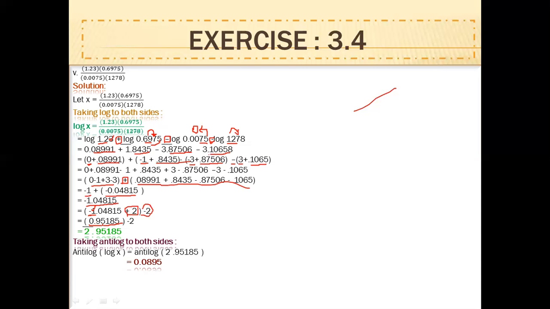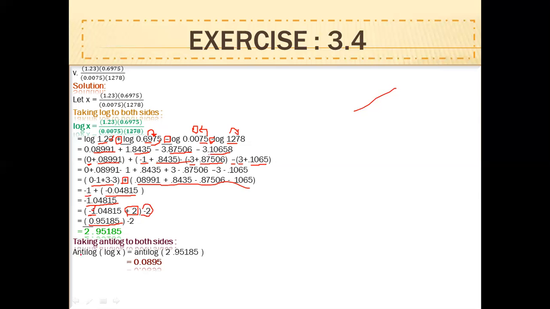If your characteristic, the whole number, becomes minus, you will add the greater number and also subtract the same number. Now we have minus 2 as our characteristic, and 0.95185 is our mantissa.